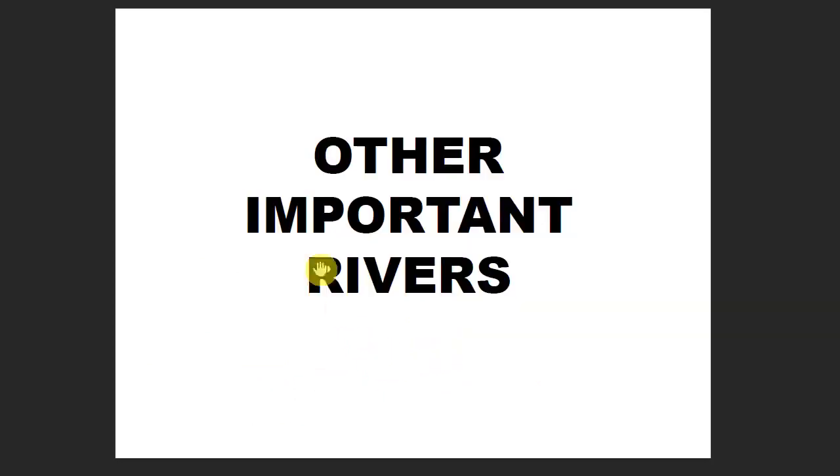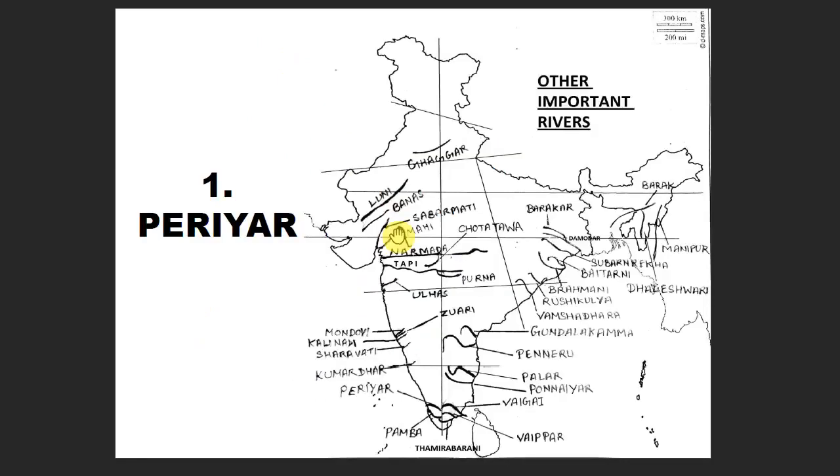Let's talk about some other important rivers. The first one is the Periyar river. Let's talk about the Periyar river, located over here, an important river.